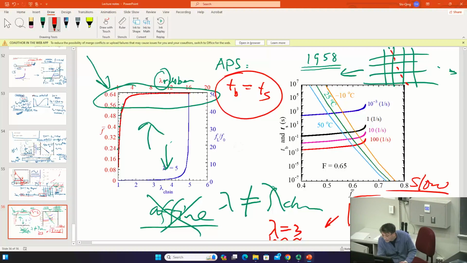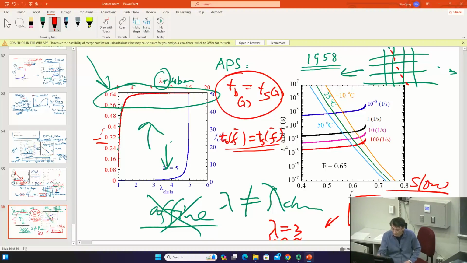Which, by the way, of course, is a function of how much you are stretching. Both are function of how much you're stretching. Lambda, the nominal lambda. And lambda, all in this figure, relates to f. So in both cases, they are functions of f. And this graph is just solving the solutions for the f. And then you put it back into lambda so you can get a description of the fact you can stretch more.